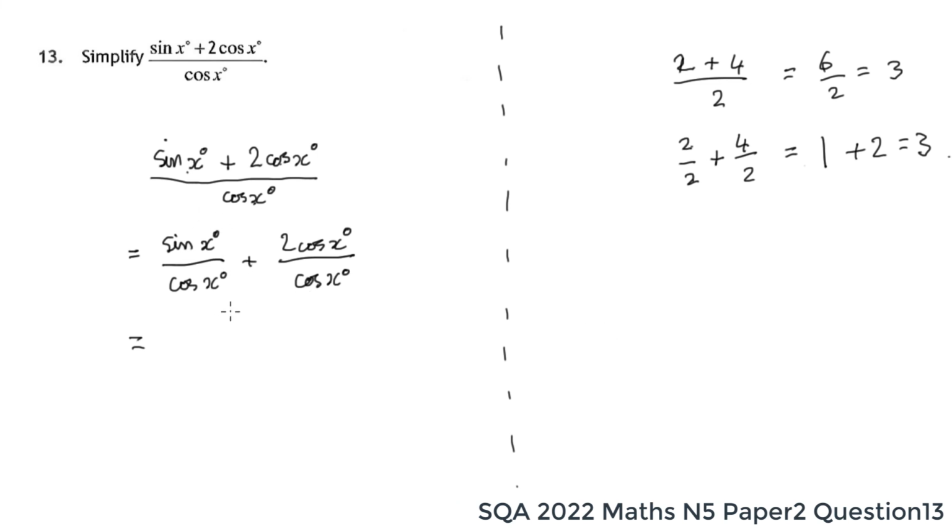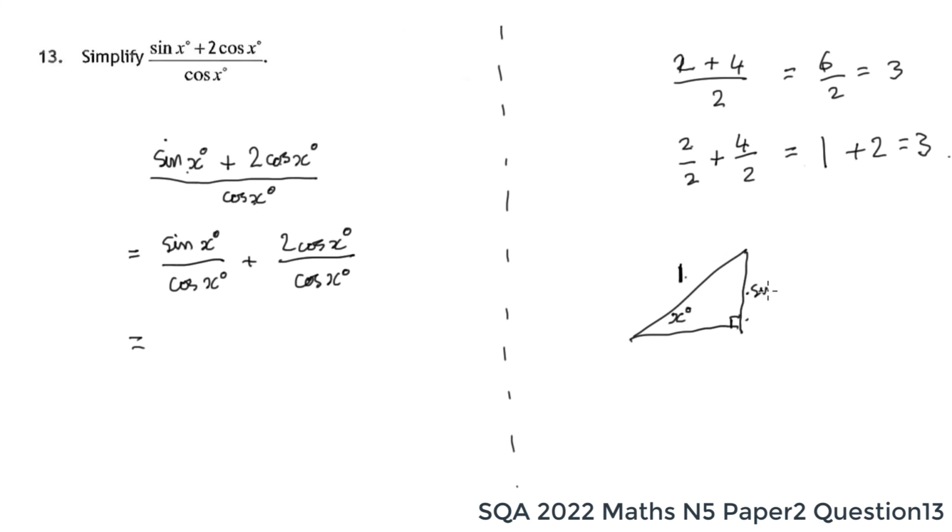Now sine x over cos x is an interesting one. Suppose we have a right angle triangle, and this is x, and the hypotenuse is 1. The sine of x, you should know, sine of x is opposite over hypotenuse.